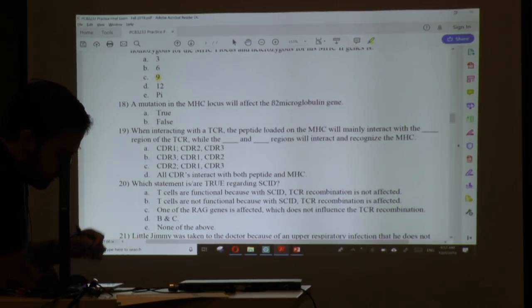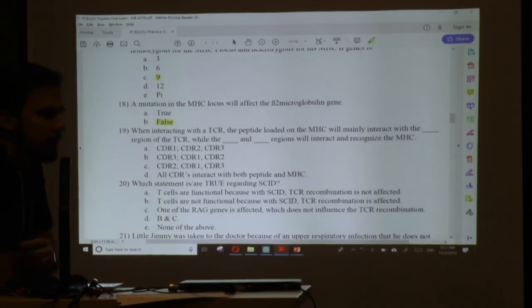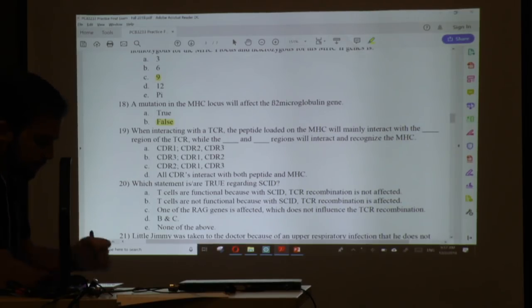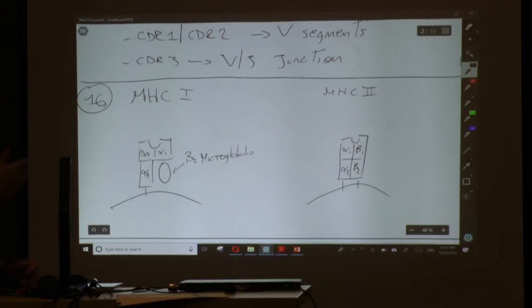So a mutation in the MHC locus will affect the beta-2 microglobulin gene, which is not true, because this question taps into MHC1 loading and production, where you had to study the whole TAP1 and 2, calnexin, calreticulin, and ERP1, and so on. That's chapter 7 of the T cells and of TCR and MHC. And this is just to remind you that the beta-2 microglobulin is added after you make your MHC, after you, as a cell, make alpha 1, 2, and 3.